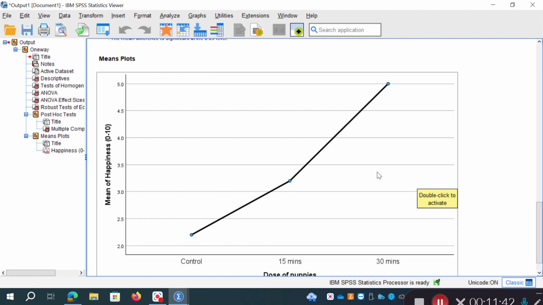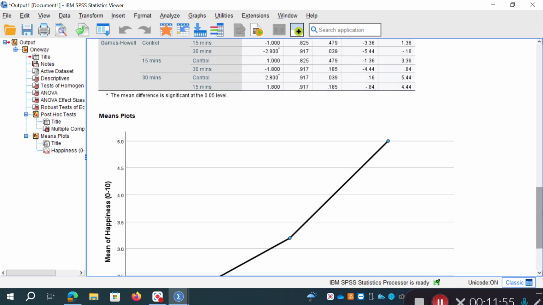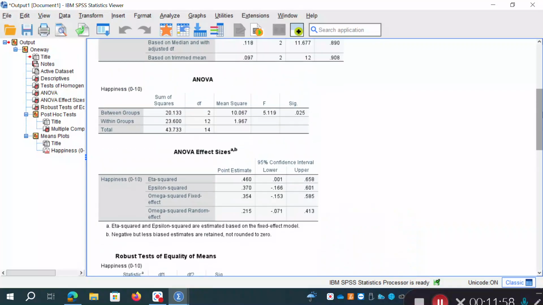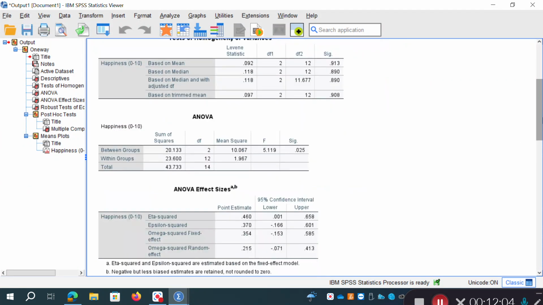This 15-minute mean and this 30-minute mean are not significantly different from each other. The only ones that are, are control and 30 minutes. They're significantly different in terms of the mean happiness score for participants. And the other way we could have given context to that is just by looking at these group means, and we would usually report those group means.